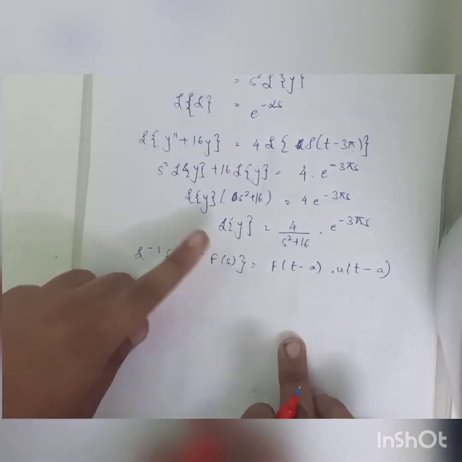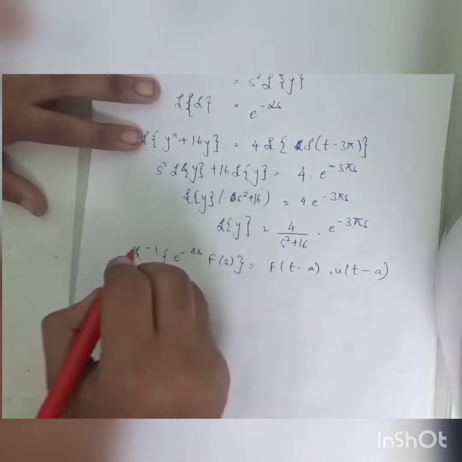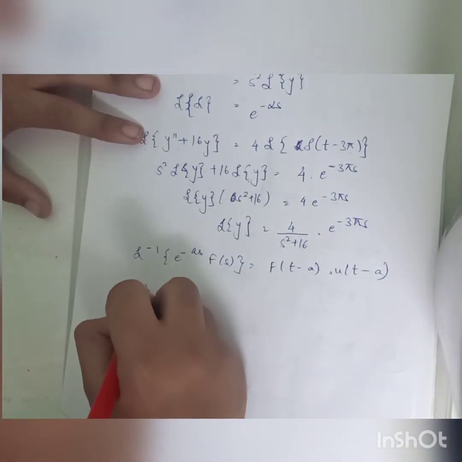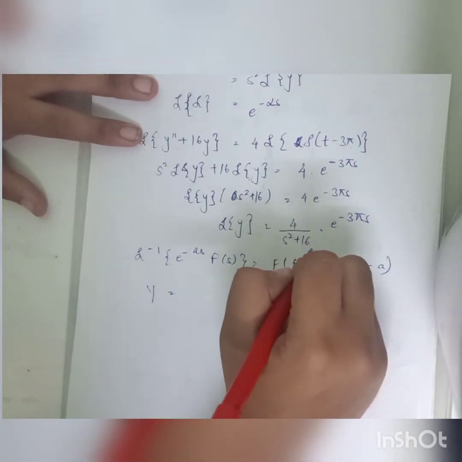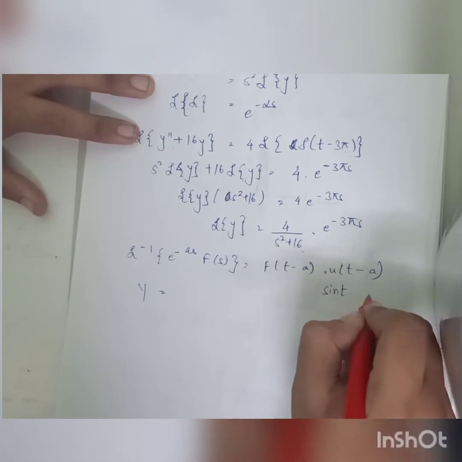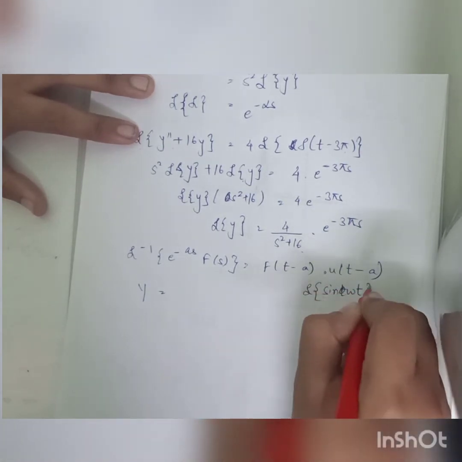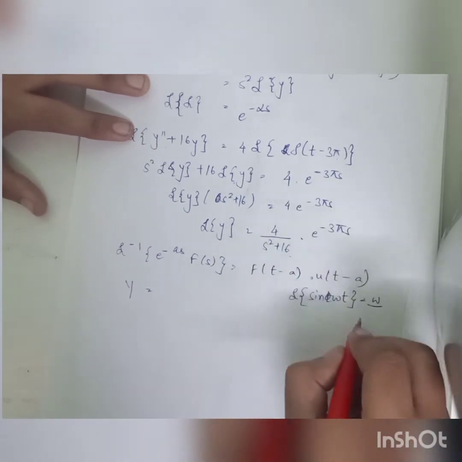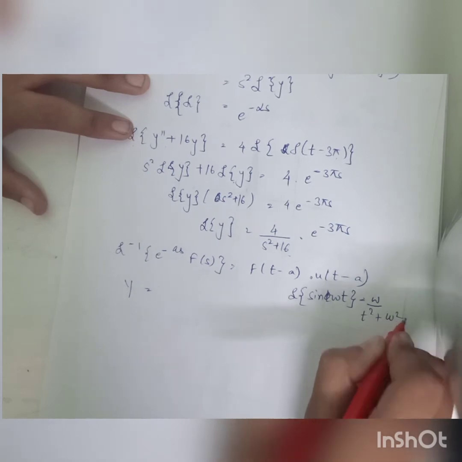In order to get y, we'll take Laplace inverse on both sides. Laplace of sine omega t is equal to omega by s square plus omega square.